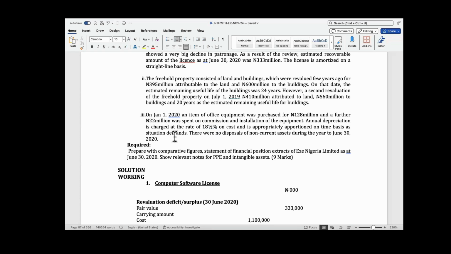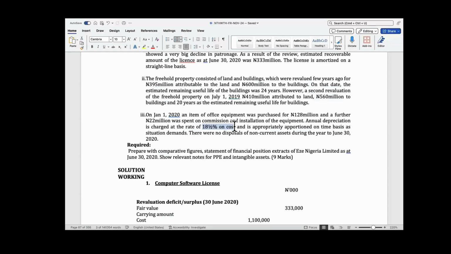Straight line. Okay. If that is a guess, then you are wrong, because they actually told us. They said 18.5% on costs. If they say on costs, that means mostly the cost will not change.